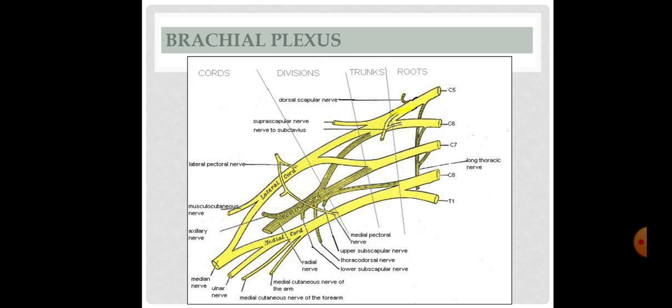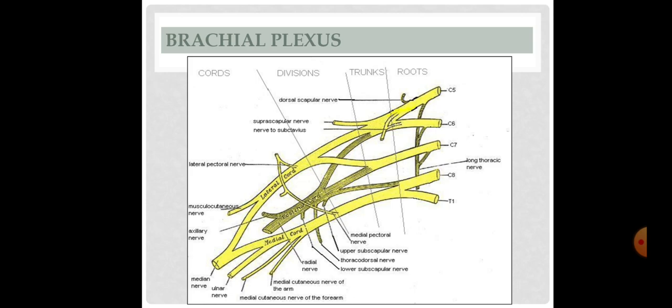And lastly, from the posterior cord there are five nerves. You can memorize them by a mnemonic, ULNAR. U means upper subscapular nerve, L means lower subscapular nerve, N means nerve to the latissimus dorsi, that is the thoracodorsal nerve.